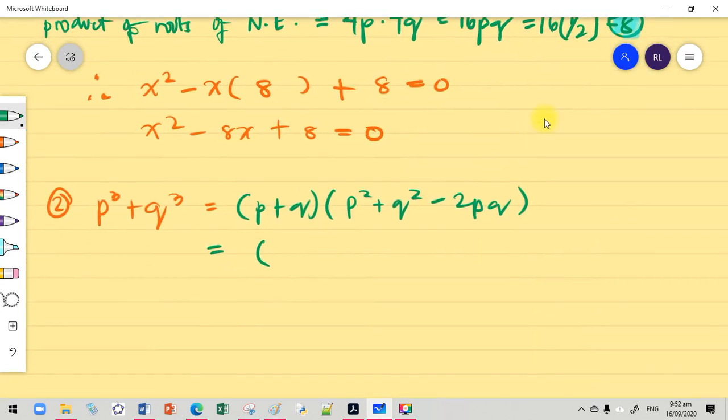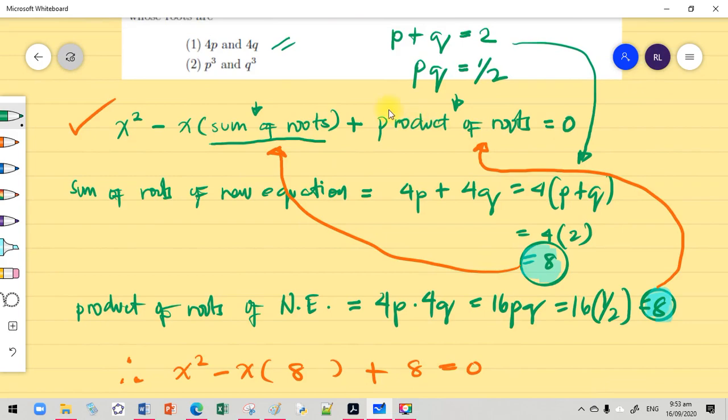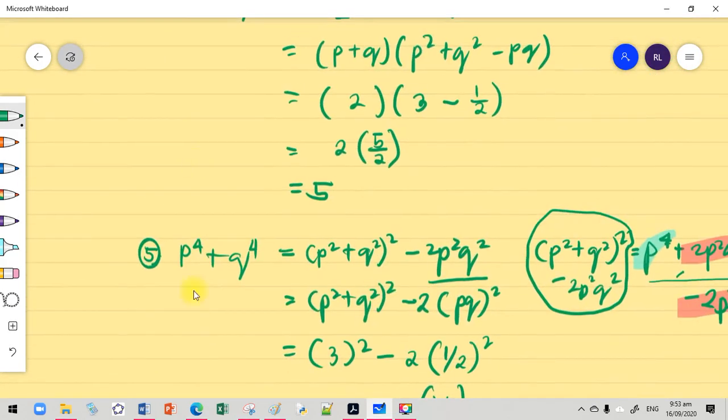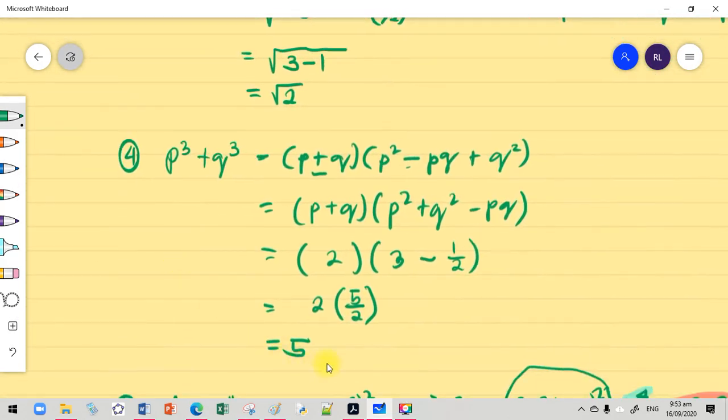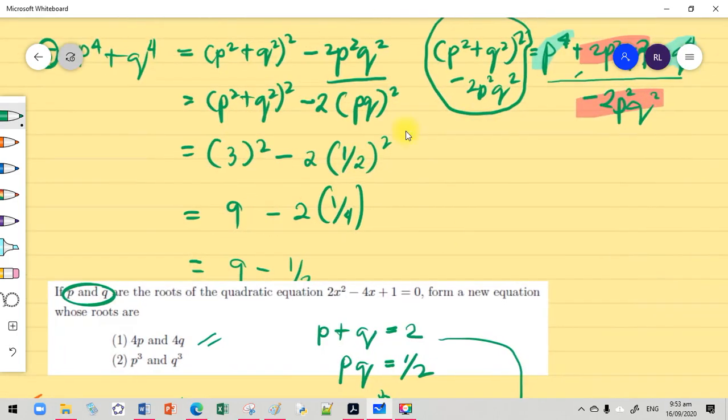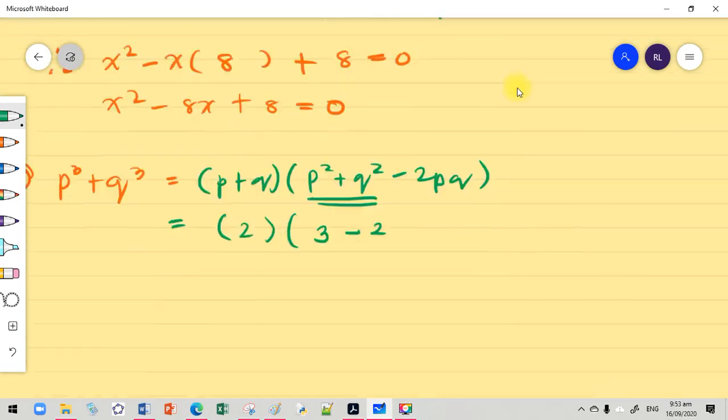So p plus q is actually 2. P plus q squared is 3 minus 2 times... actually we already have the value of p cube plus q cube from before, because we just solved it in problem 3, and that's 5. Remember that's 5, but we have to show it anyway.